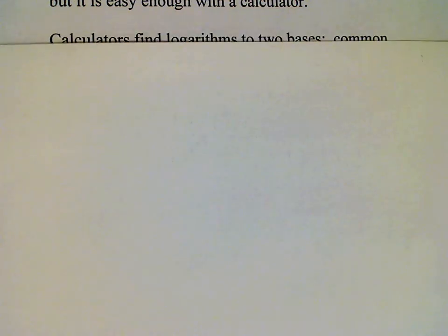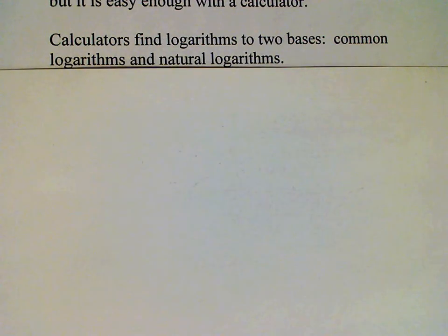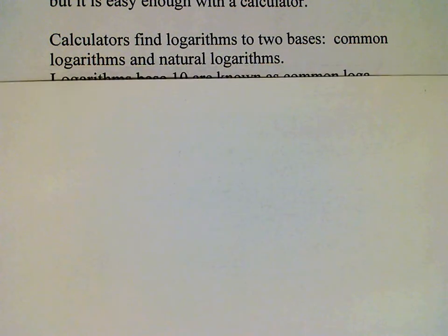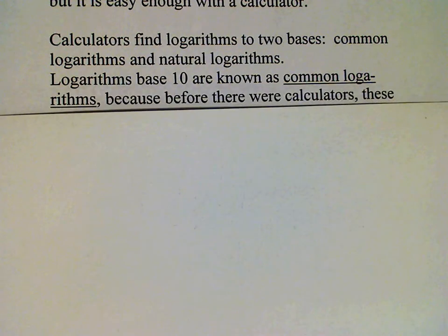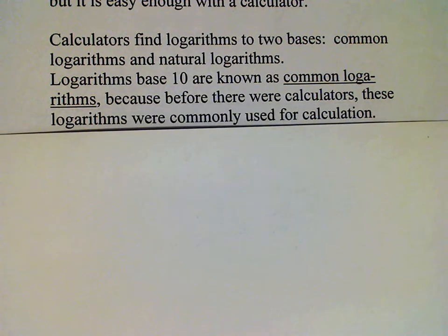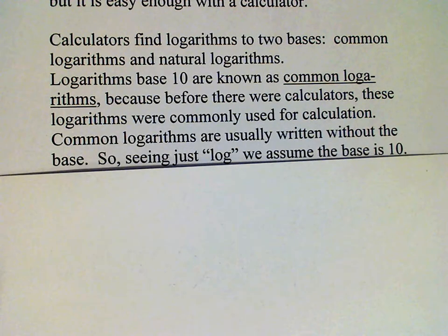All scientific calculators will have a log button on them. And before I do some examples of that, I need to tell you about the difference between common logarithms and natural logarithms. Logarithms to the base 10 are known as common logarithms because before we had electronic calculators, logarithms to the base 10 were used very commonly for calculation.